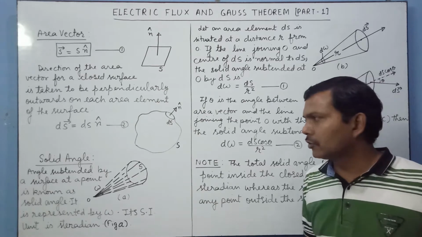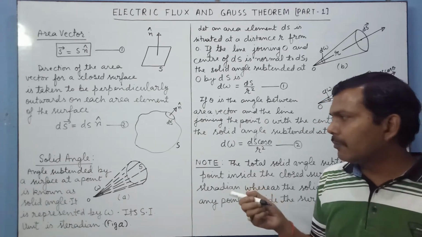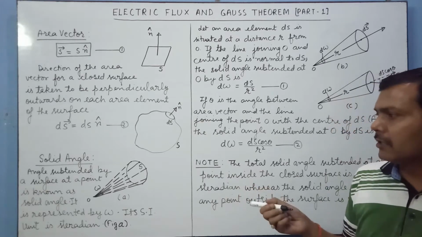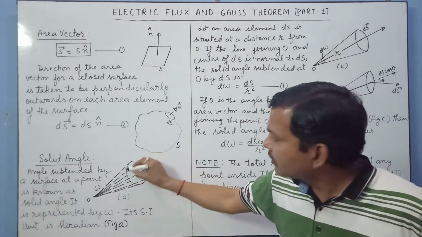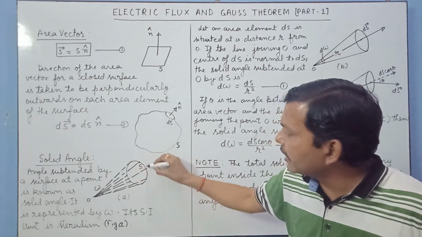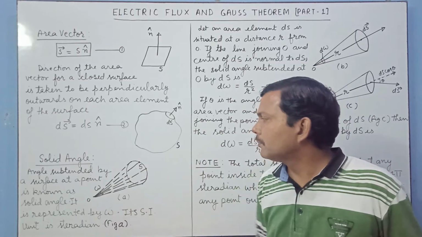Next is solid angle. Angle subtended by a surface at any point is known as solid angle. This is any surface, S is taken here to be a surface, and O is a point.